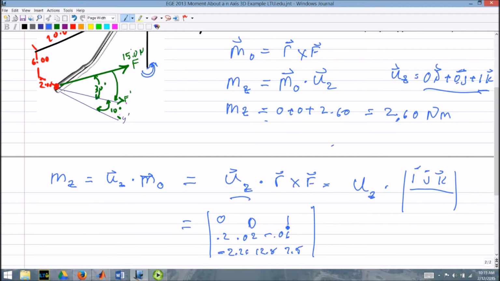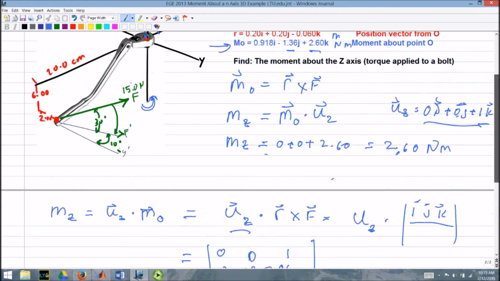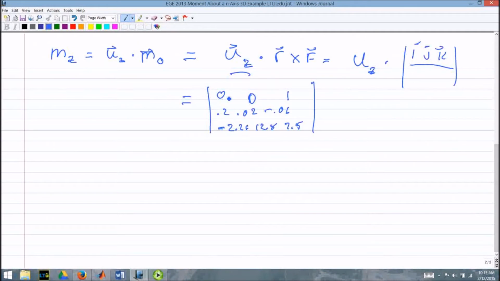Okay, so I can evaluate that determinant easily enough. I'd start out with 0 times the determinant of this, but that's going to be 0 because I'm multiplying by 0. Again, the 0 in the determinant of these terms and these terms, that's going to be 0.